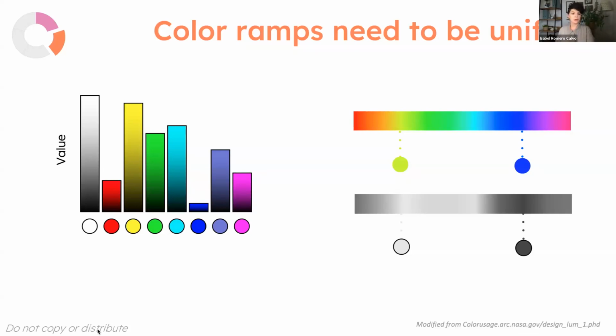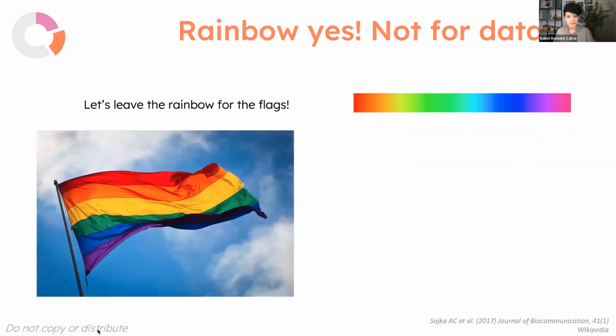And you can see how not all the colors are the same. As Munsell explained already in the 1900s publications, the shape of how we can organize colors with all the hues is not equally distributed. That's why this type of ramp is actually not the best for data visualization. So for sure, rainbow, yes, let's leave it for the flags, but not for data visualization.